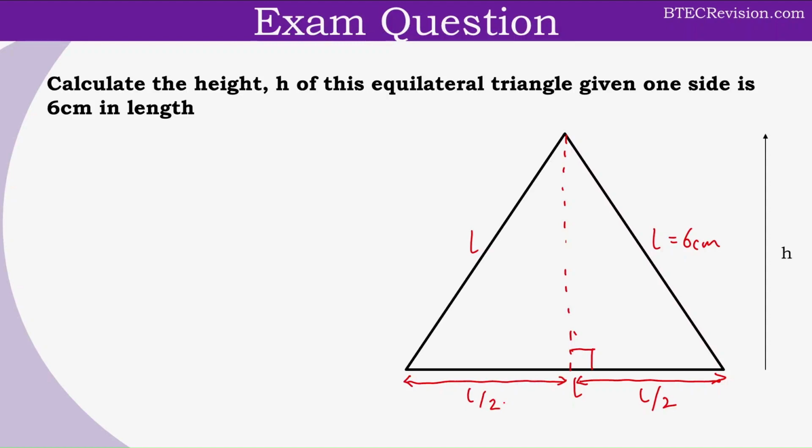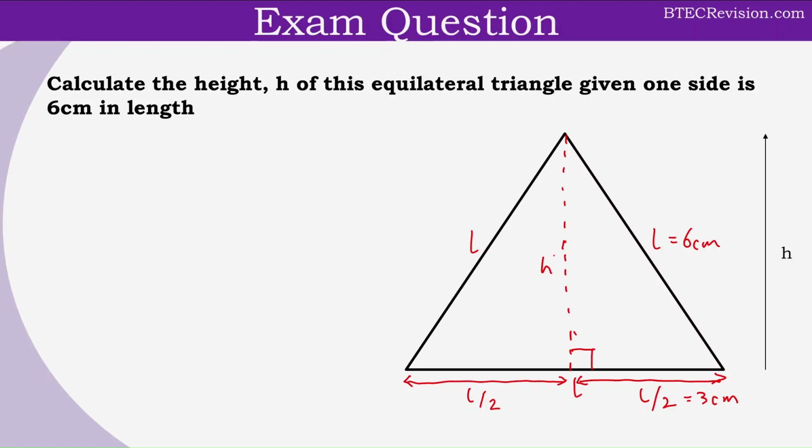Now we have two right-angled triangles here, and we only need one. So if you focus on one side, let's focus on the right side here. We have our lengths, L equals 6 centimeters here. We have our other length, L over 2, which is equal to 3 centimeters. And we have our height here.